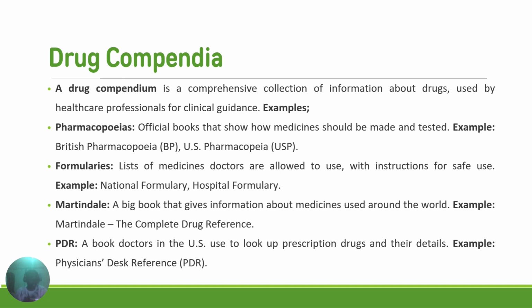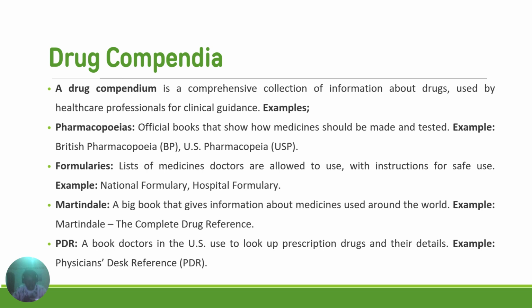So next one is the PDR. PDR is a doctor's book referenced to US, which the health professionals use for drug prescription and also to get some details about a given drug.